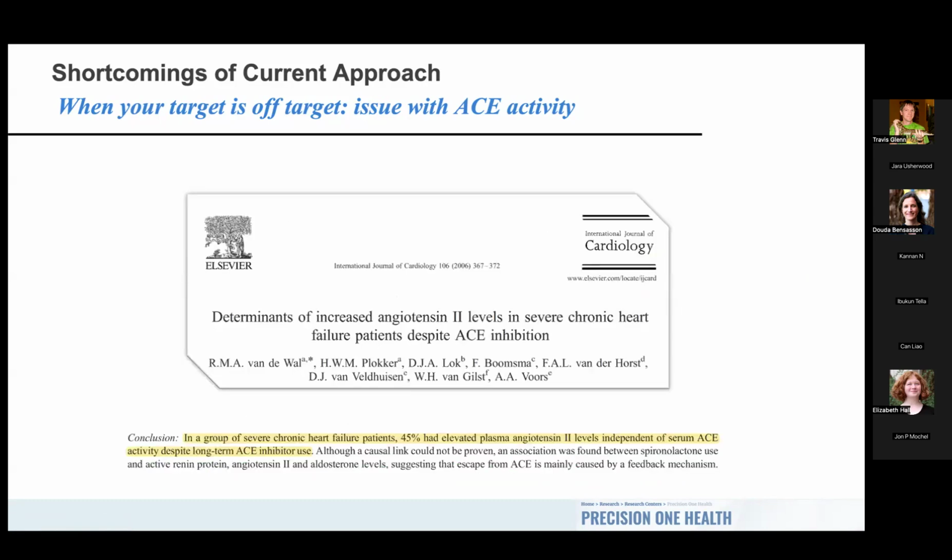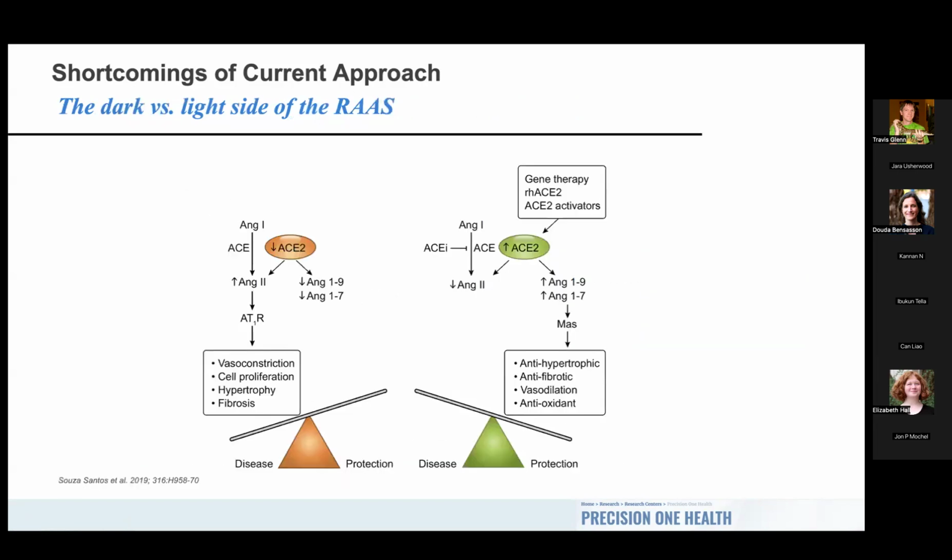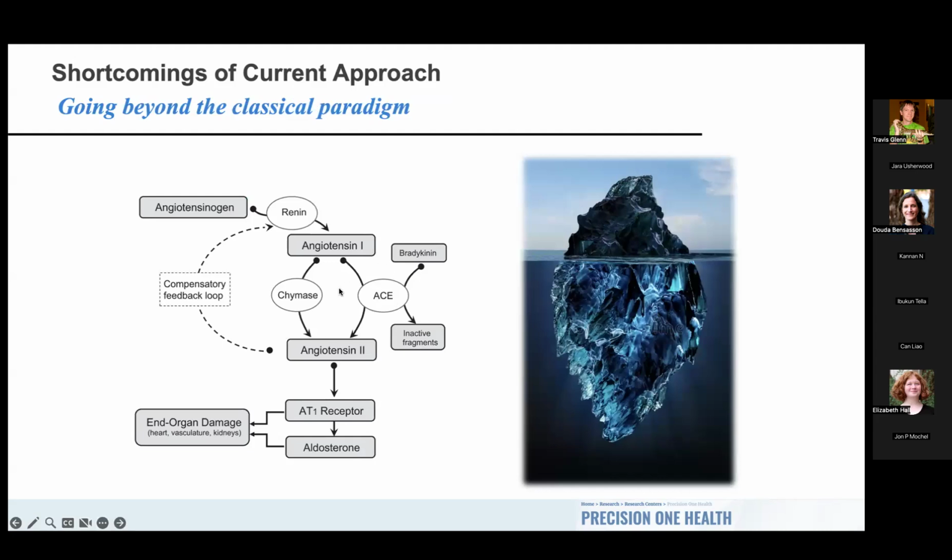Unfortunately, we do know now that there is not a strict correlation between the activity of the enzyme and its product, which is angiotensin 2. So if I go back to this slide over there, you can see that ACE is responsible for Ang2 production, but inhibiting that enzyme over here does not lead to a complete blockade and depletion of that biomarker.